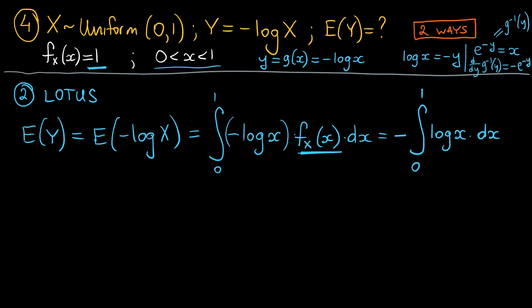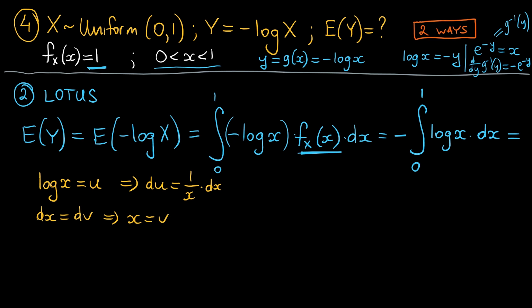Once more, this calls for integration by parts. Log of x is u, then du will be given by 1 over x dx, and dx will be our dv, therefore x will be v. And we can continue our evaluation here.